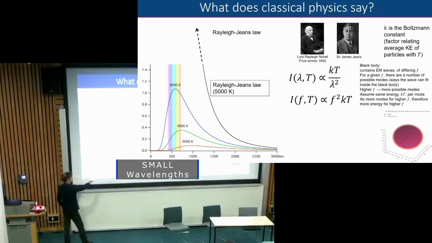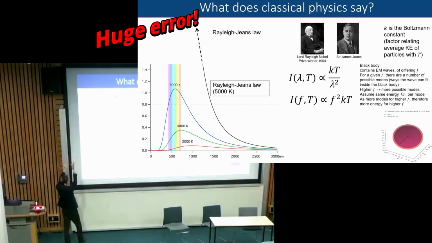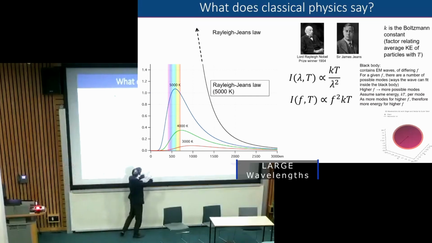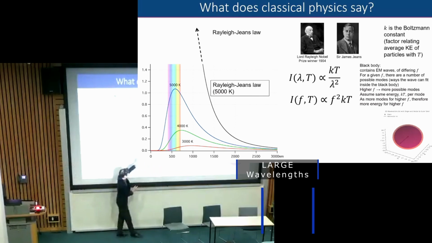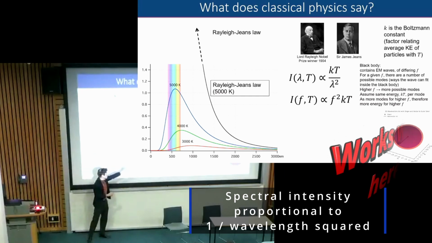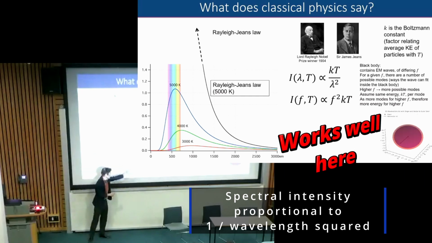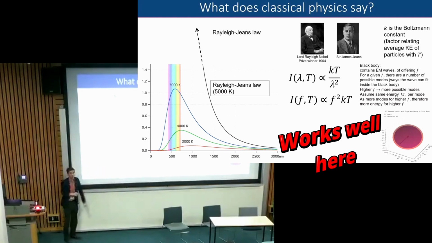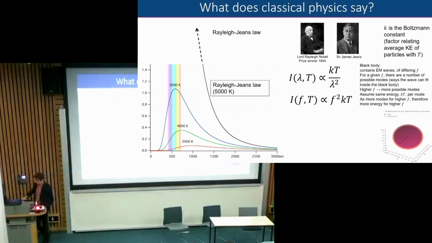As we go to smaller and smaller wavelengths, the intensity I shoots up, whereas if we go to very large wavelengths, then the intensity drops down. So you can see a very obvious intensity proportional to 1 over lambda squared. That's why we get that very simple curve. Again, it fits well for objects of quite low temperatures, but breaks down when we start considering higher temperatures.